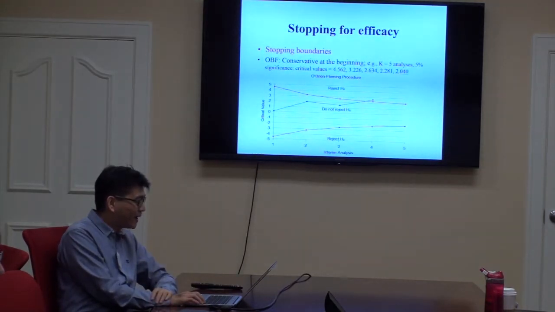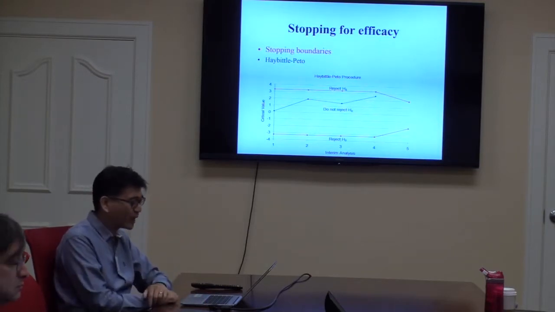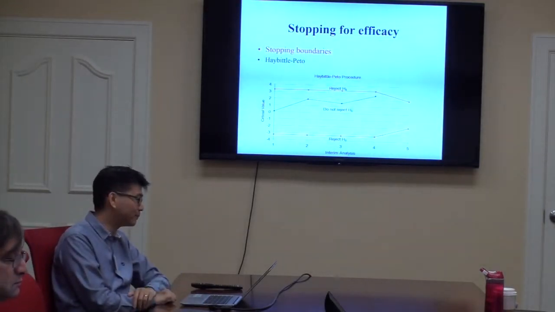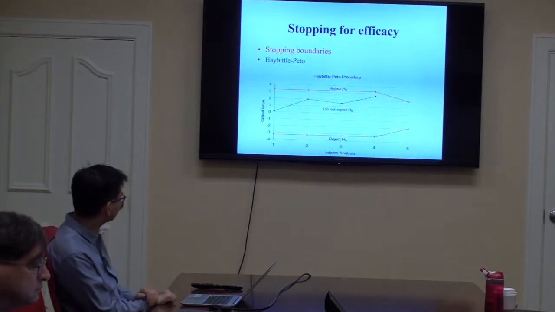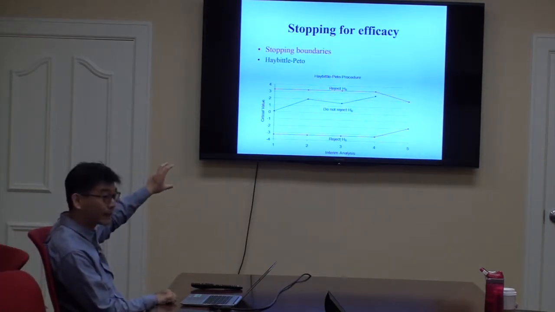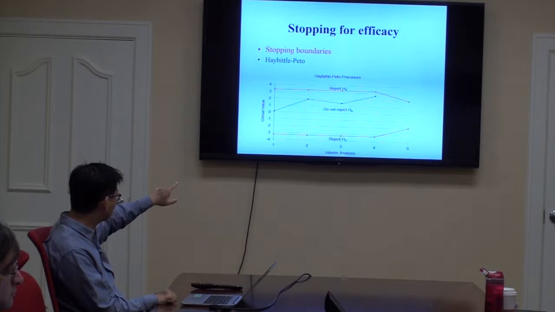So this is O'Brien-Fleming, and the fun part about stopping boundaries is that you can draw whatever shape you want as long as you abide by the rule, right? So Pito had this really interesting looking boundary at the interim analysis, but calculation showed that at the final analysis, they deliberately controlled it at 2.